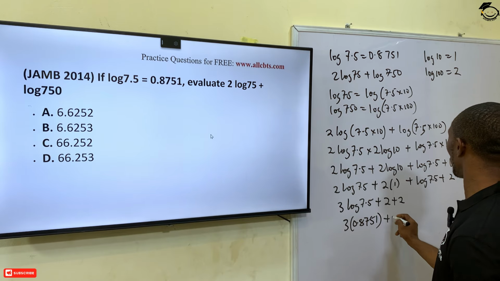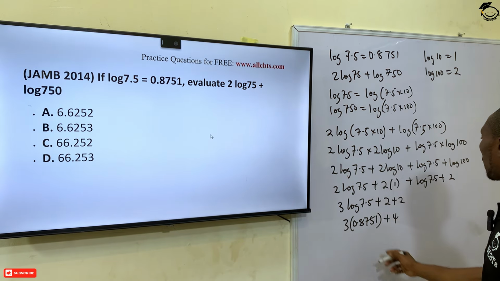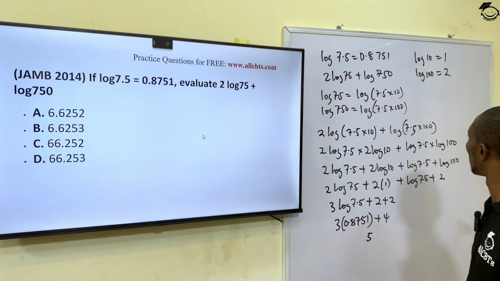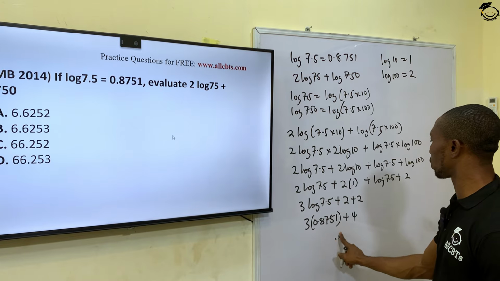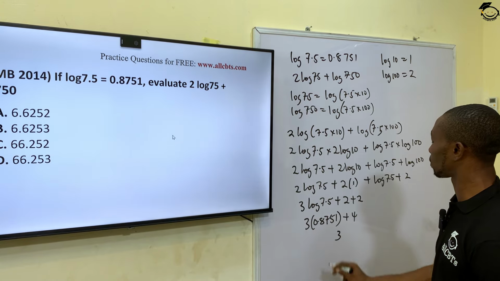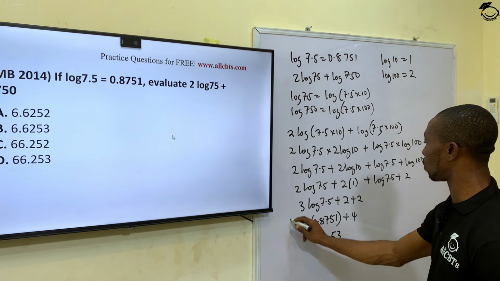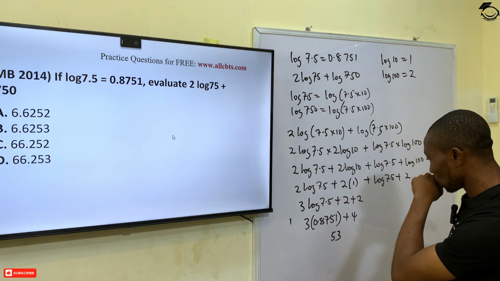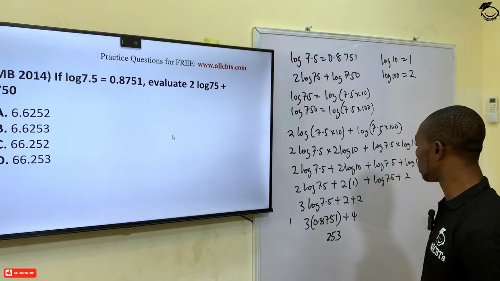0.8751 plus 4. Okay, multiplying this, 3 times 1 will give us 3, 3 times 5 will give us 15, that is 5 carry 1. 3 times 7, 21. 21 plus 1 will give us 22.